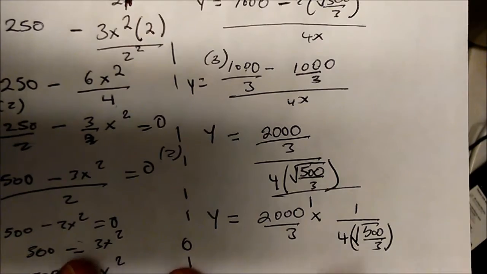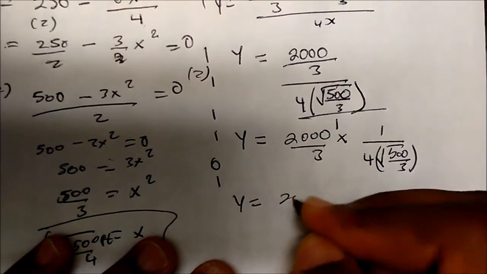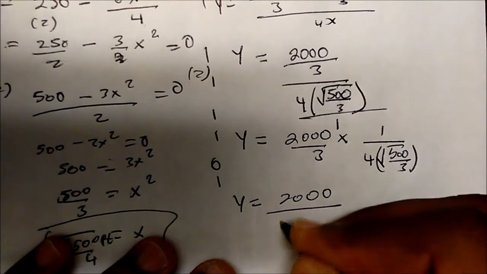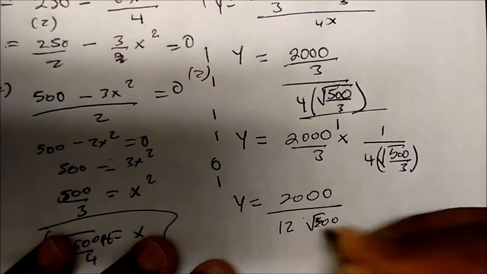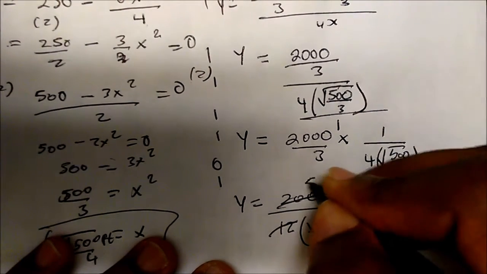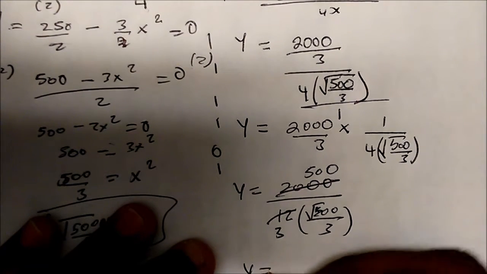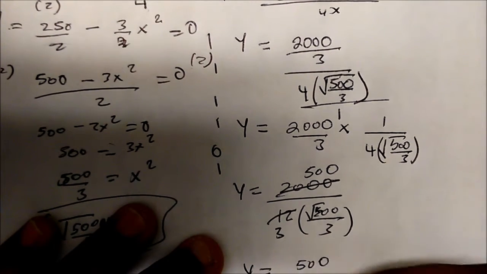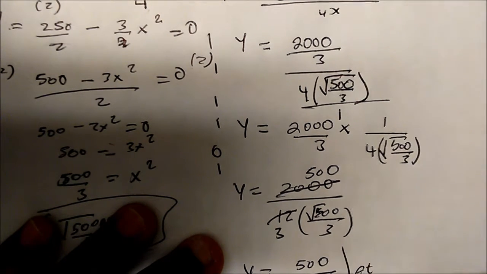All right, so this 3 and this 4 can multiply. So my y is going to be equal to 2000 divided by 12 times the square root of 500 divided by 3. And this simplifies to 500 divided by 3. And so my y value is basically 500 divided by 3 times the square root of 500 over 3 feet.